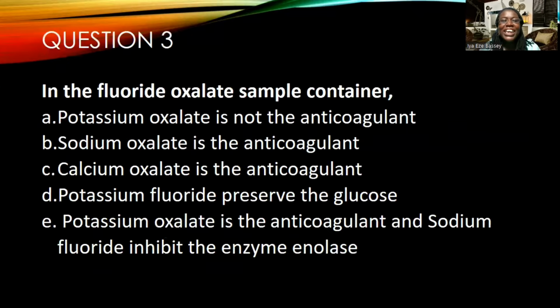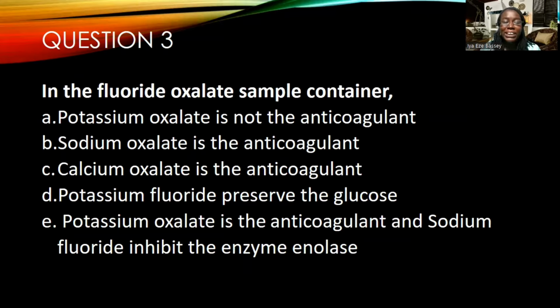All right. So in the fluoride oxalate sample container, A, potassium oxalate is not the anticoagulant. B, sodium oxalate is the anticoagulant. C, calcium oxalate is the anticoagulant. D, potassium fluoride preserves the glucose.